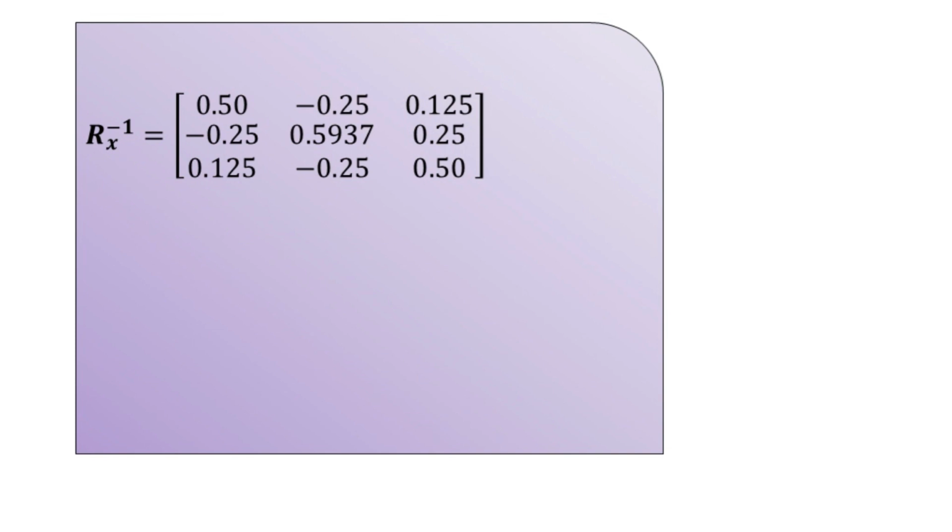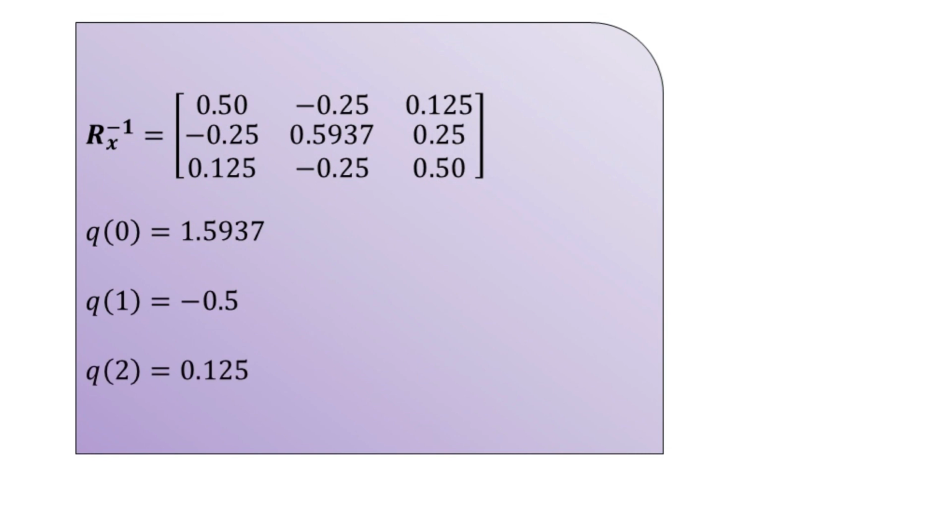Therefore, for the representation of the second order minimum variance power spectrum estimate, we extract the coefficients from this, that is Q of 0 is equal to 1.5937, whereas Q of 1 is equal to minus 0.5 and Q of 2 is equal to 0.125.